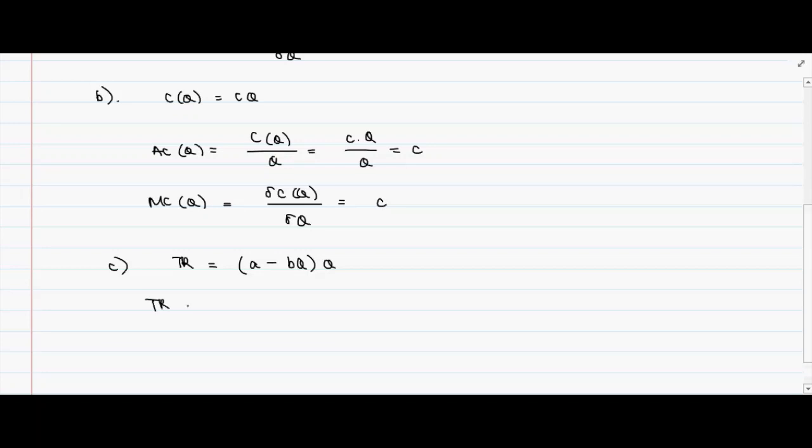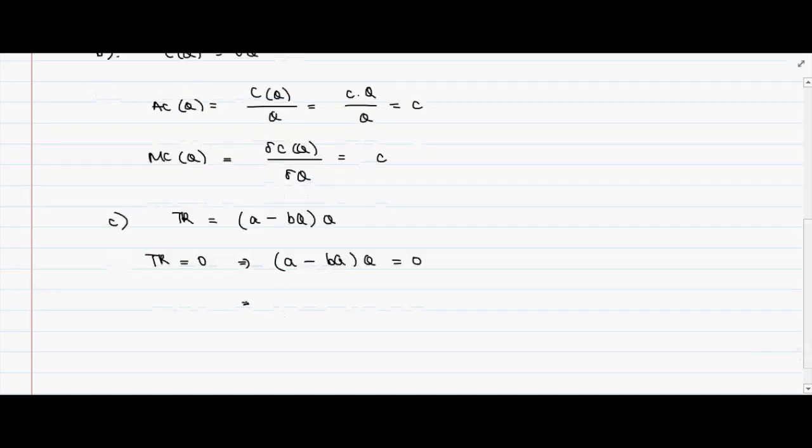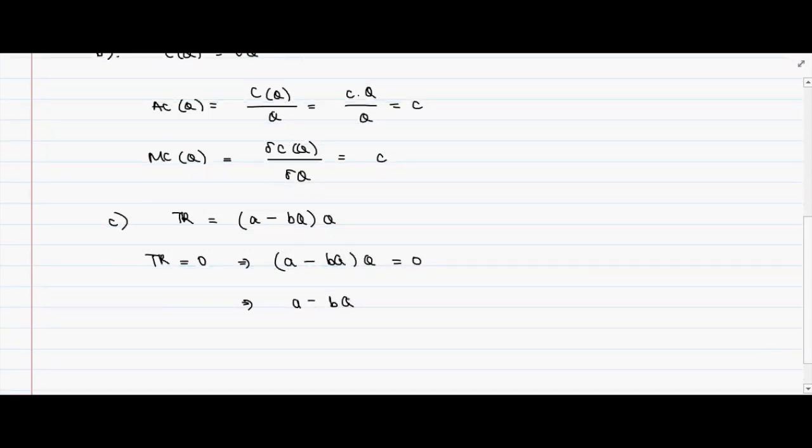So if I set total revenue equal to 0 and solve this equation for the value of Q, this is going to be A minus B times Q equal to 0, or Q equal to 0.